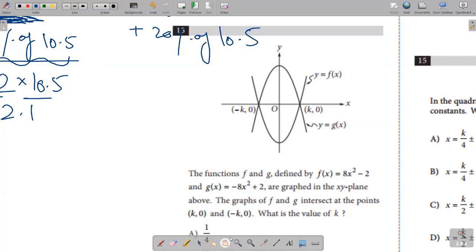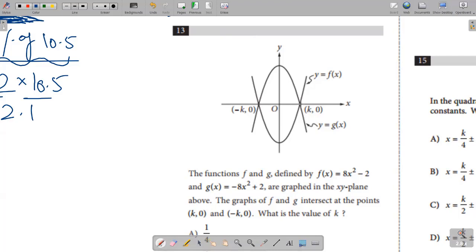The functions f and g are defined by f of x equals 8x squared minus 2 and g of x equals negative 8x squared plus 2, and are graphed in the xy-plane above. The graphs of f and g intersect at the points k, 0, and negative k, 0. So what is the value of k?